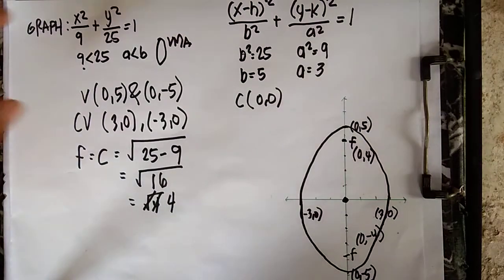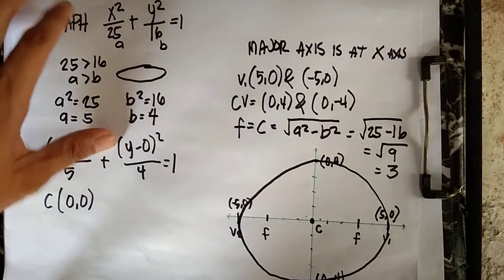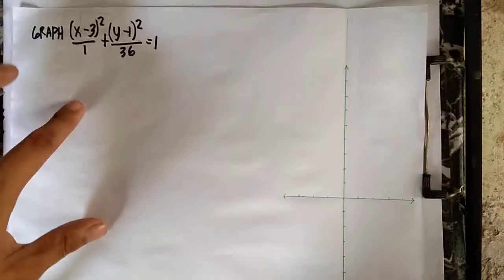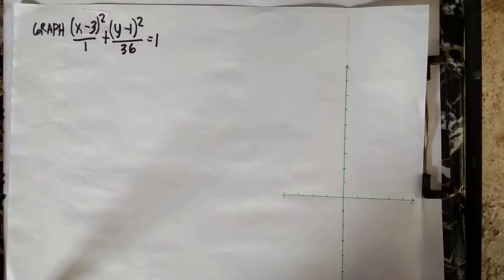Okay, let's have another example. Let's graph x minus 3 squared over 1 plus y minus 1 squared over 36 is equal to 1.